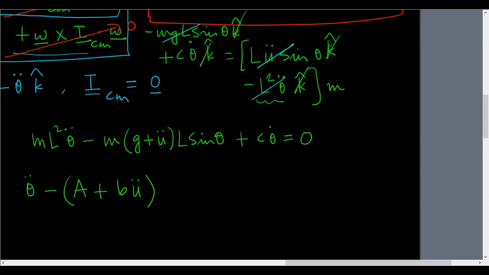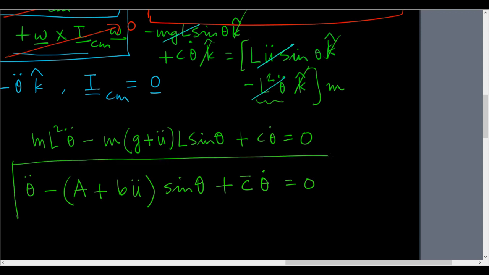The L is gone, g by L is basically a, and so on. So this times sine theta, and then over here plus some c bar theta dot equals 0.